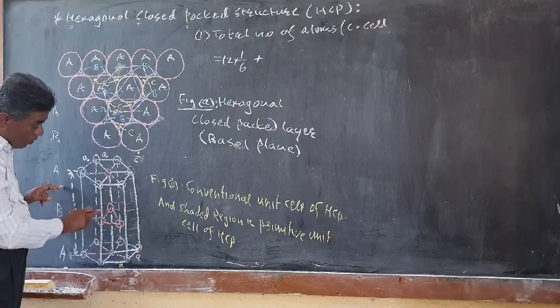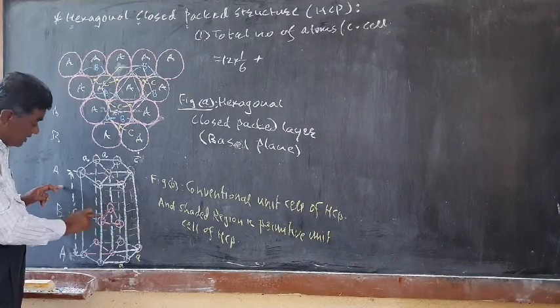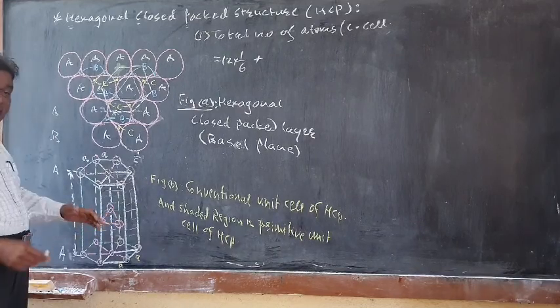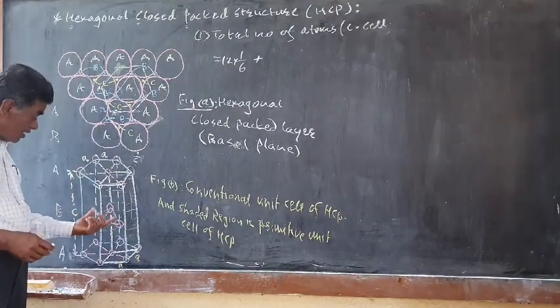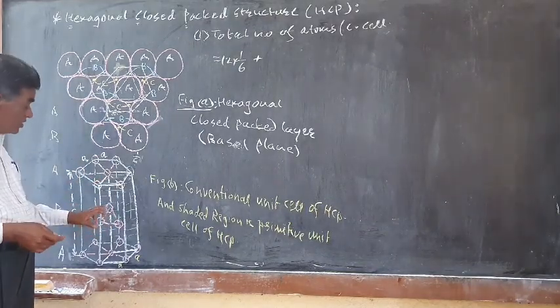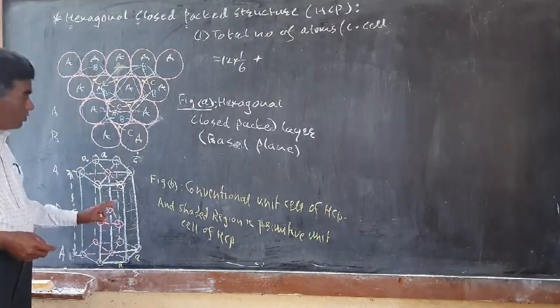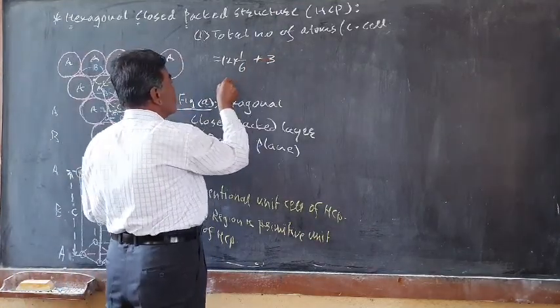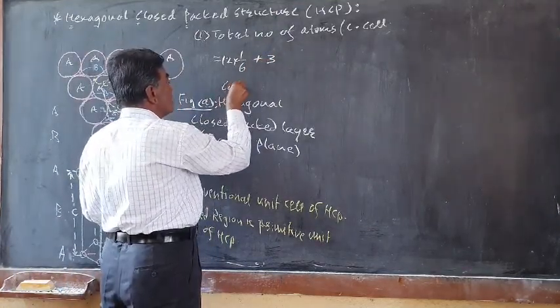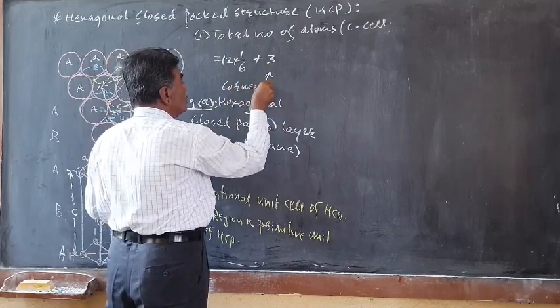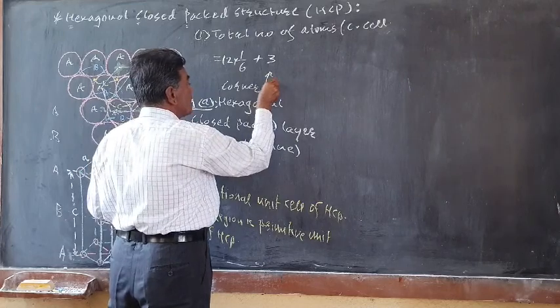These B positions form the triangle in the middle layer, that is the B layer, and the triangle B position atoms are complete. That is, we have to count the contribution of all these 3 atoms. So this is nothing but 3 B position atoms. This is the contribution of the corner atoms, and this is the contribution due to the middle B position atoms.